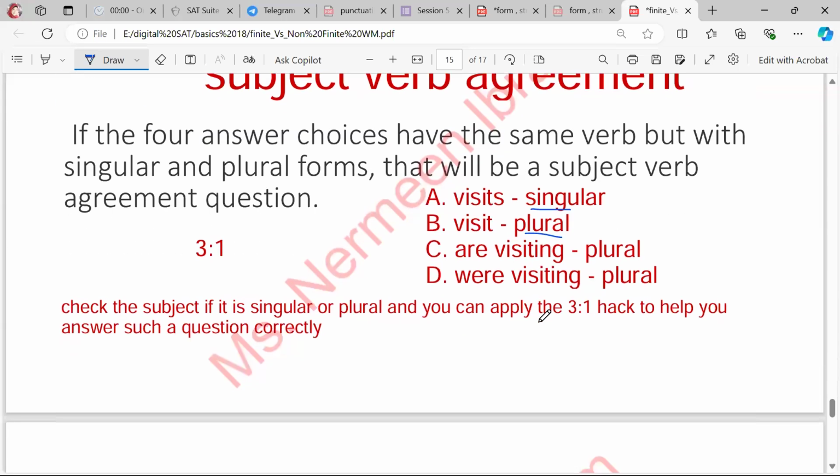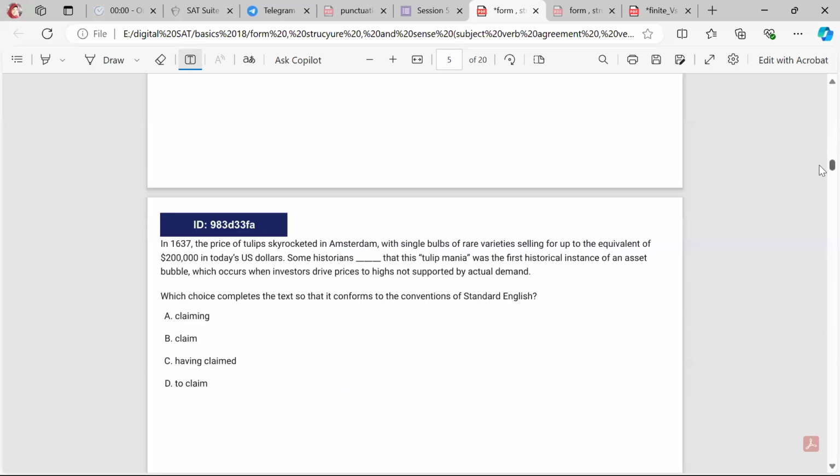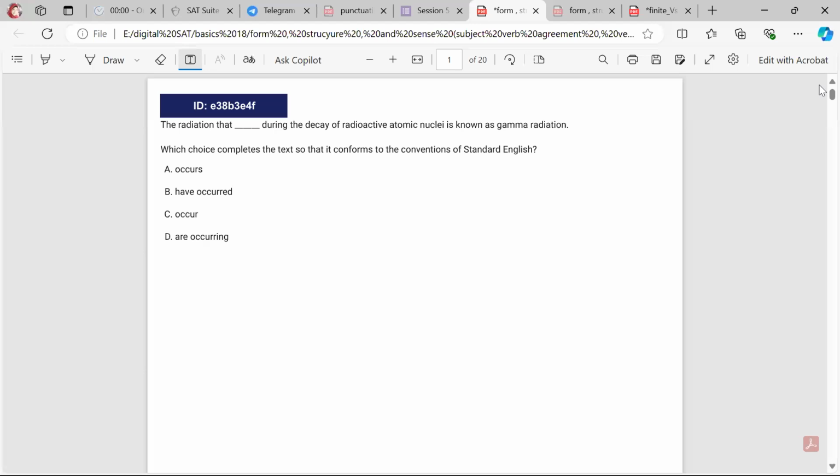So in this type of question, we always use the 3 to 1 hack. It always works with subject-verb agreement. Look here. Occurs, that's singular. Have, that's plural. Occur, that's plural. Are, that's plural.